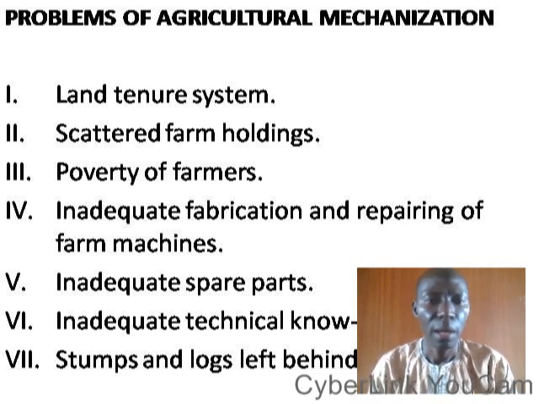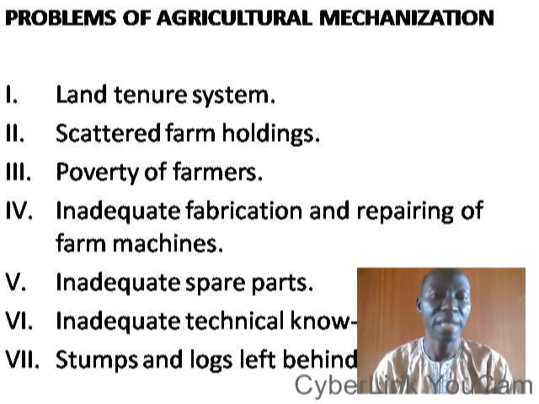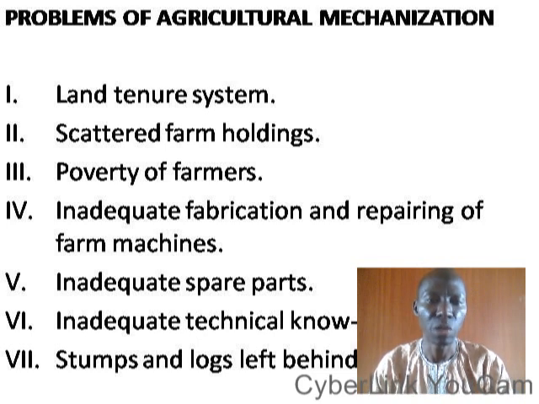In Africa, Nigeria in particular, there is not enough fabrication or production of machines and farm implements that will help in farm mechanization. Then even if machines are bought from overseas, it is very difficult to get them repaired when they are damaged.